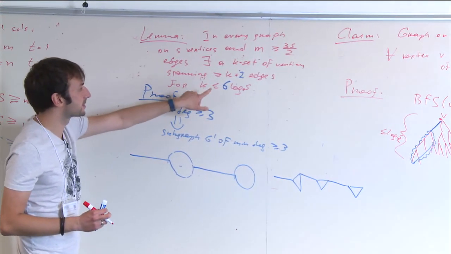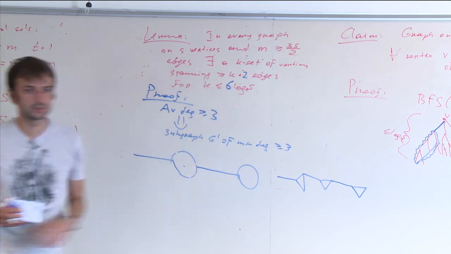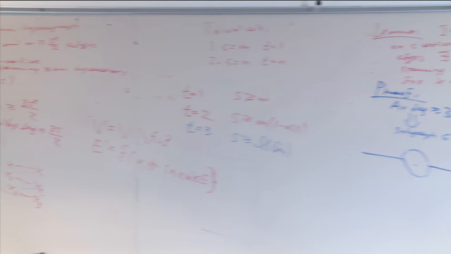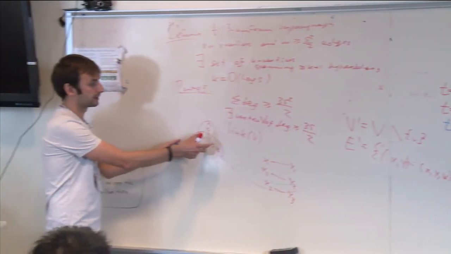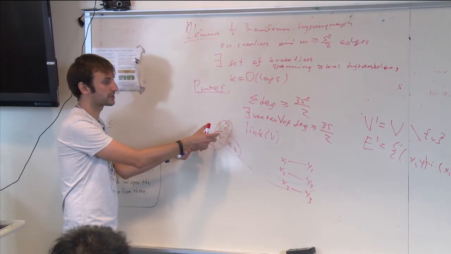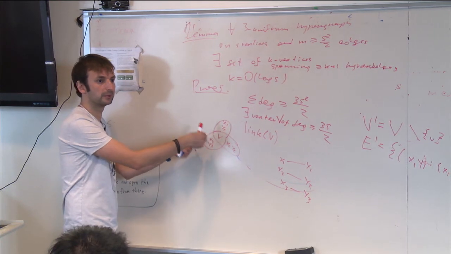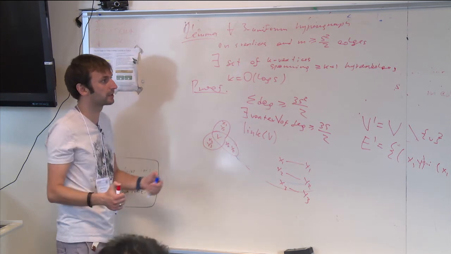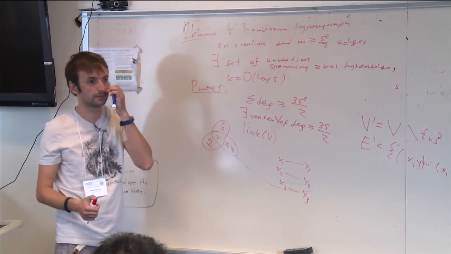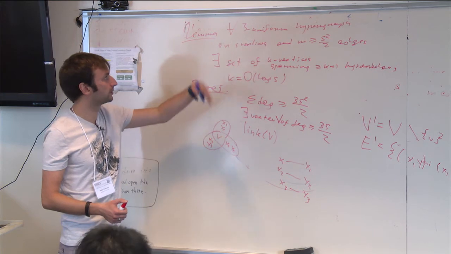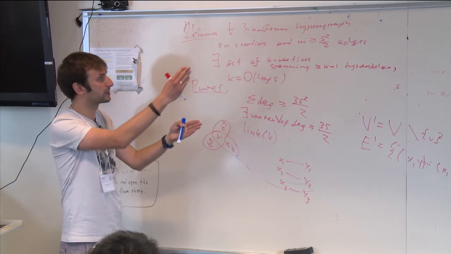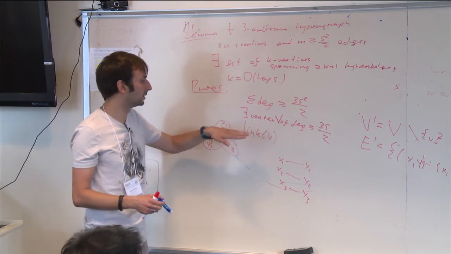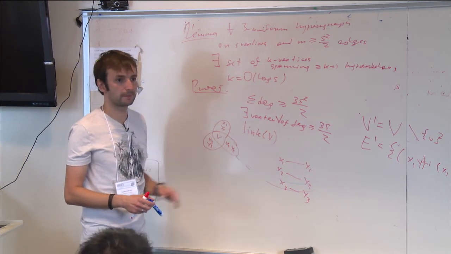Find a set of vertices that spans at least k plus 2 edges. Now I add my original vertex v, and together with it, I span at least k plus 2 edges in the 3-uniform hypergraph. So I found a set of k plus 1 vertices in the 3-uniform hypergraph spanning at least k plus 2 edges. And this extends to larger values of k. We can always decrease the uniformity of a graph by one by looking at a link of some vertex.